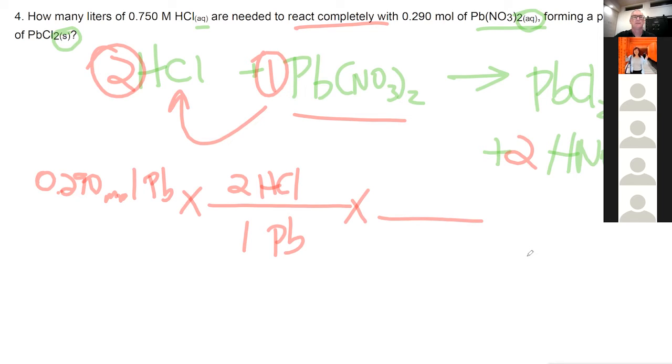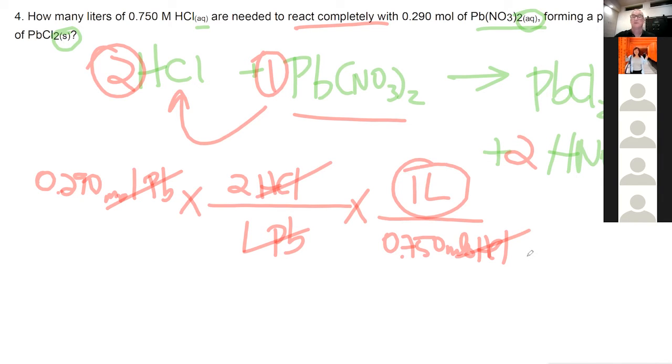Use the molarity. 0.750 moles on the bottom and 1 liter of hydrochloric acid on top. So my moles of lead are gone, my moles of HCl are gone, and I'm left with liters. That's what I want.